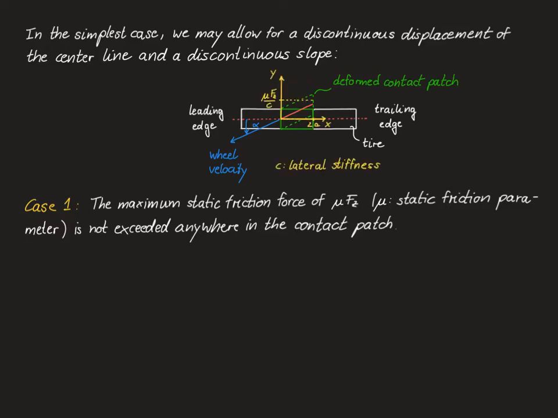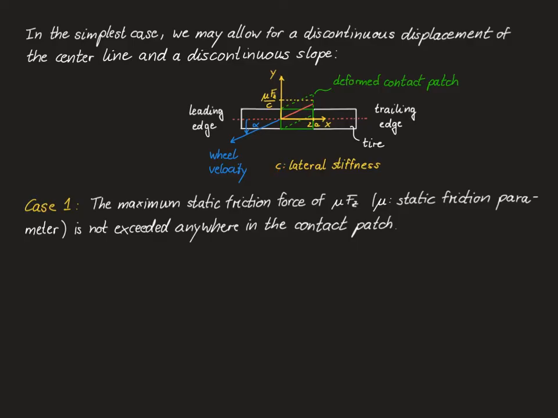To make this more specific, let's introduce a coordinate system in the contact patch. This is shown here in yellow. The x-axis runs along the undeformed tire center line, and the y-axis represents the lateral displacement of the center line.